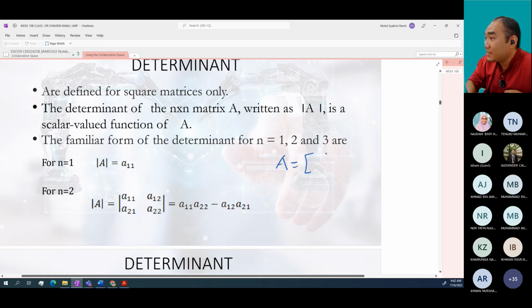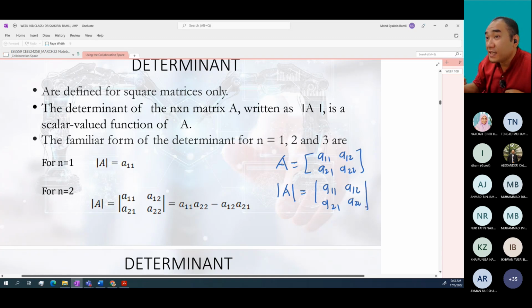Kan, square bracket ni adalah matrix A. A11, A12, okay, A21, A22. So this is a matrix A. Dia adalah matrix. If we were to talk about determinant of the matrix A, to imply that, this is the symbol of the matrix A, and the expression of the determinant of A, we have to use vertical bars around A11, A12, A21, A22.